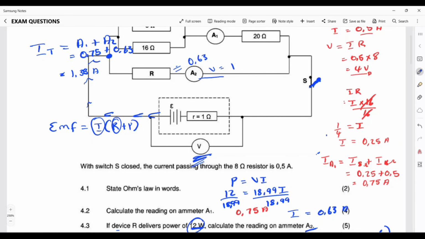Our voltage is 18.99. So in order to find the resistance, we're going to use the formula R is equal to V over I over there. And then that's going to be 18.99 divided by 0.63. What value do I get from your calculator?